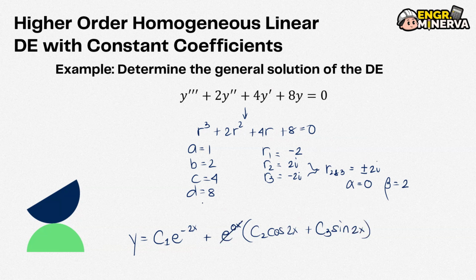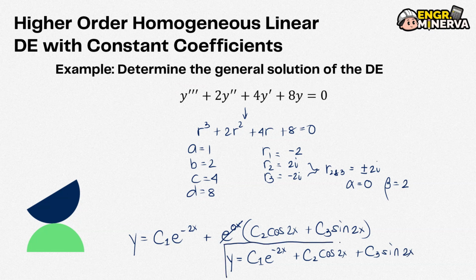But again, this is 1. So our final answer is C1 e raised to negative 2x plus C2 cosine 2x plus C3 sine 2x. That is our general solution.